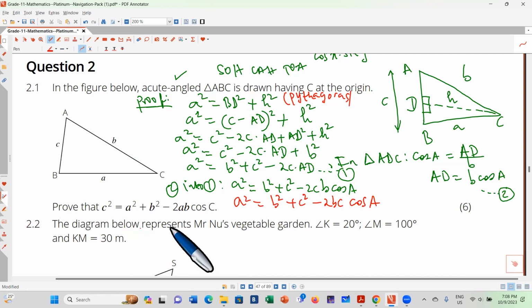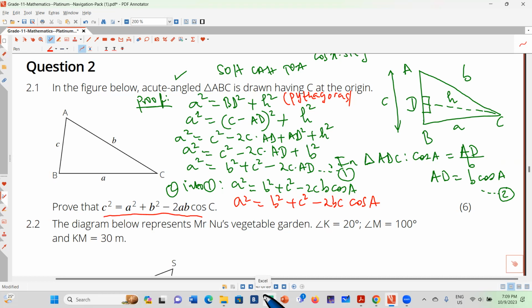Obviously you can see that the examiner wanted us to prove that c squared is equal to this. In other words, the proof we've just done is similar to what the examiner wanted. And so I've demonstrated how we can prove this result using just some simple construction.